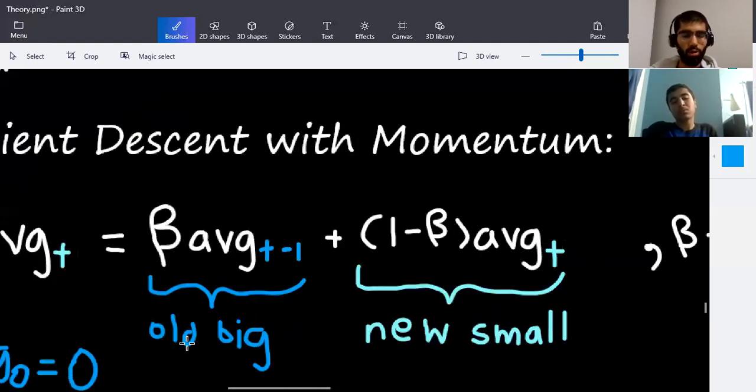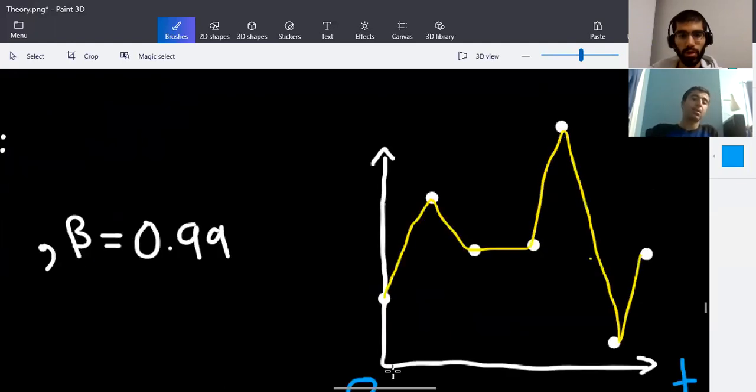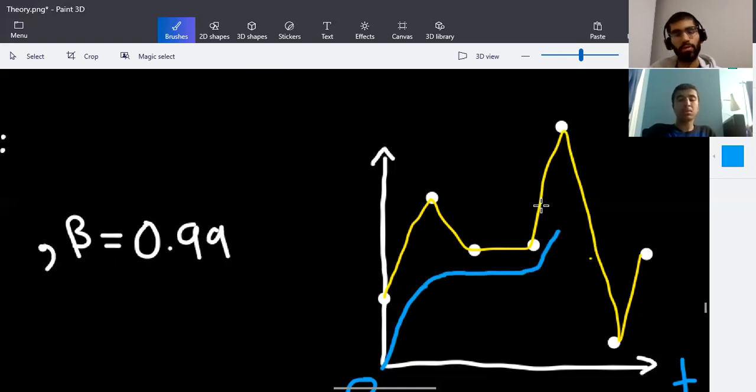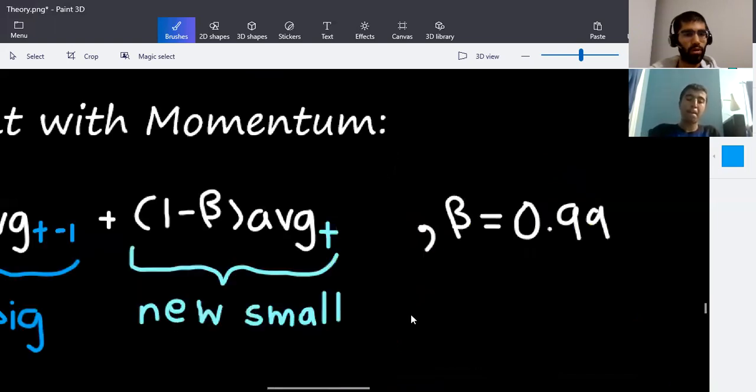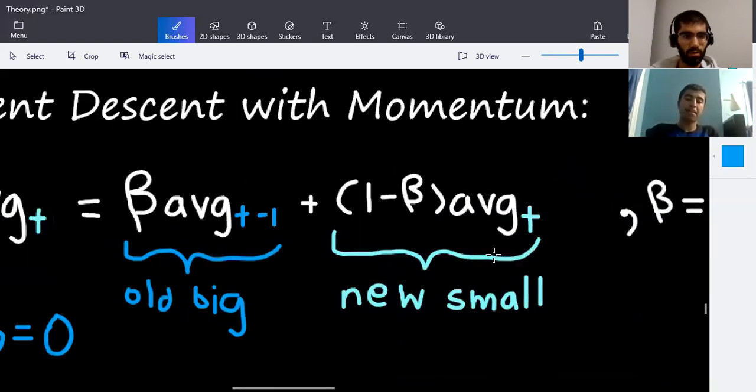However, remember the old is big, the new is small. So the average only moves a little bit from 0 towards this thing, not all the way. Then it's moving a little bit more because this example is increasing further. Then it stays the same because this example isn't changing. And now it's going to increase a little bit more, but not as much as up here, because remember, the old is big, the new is just a small change.